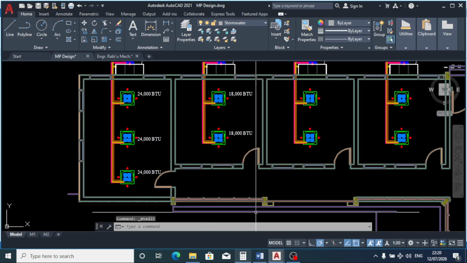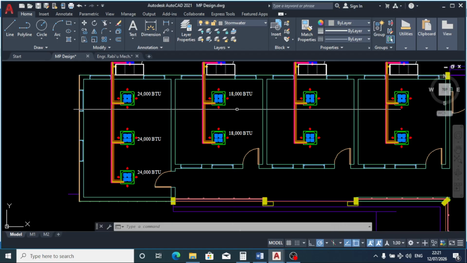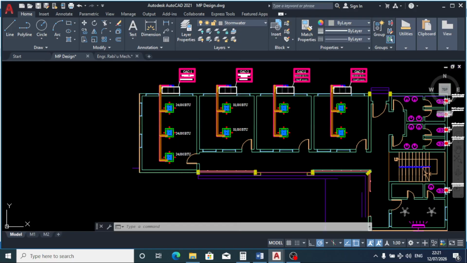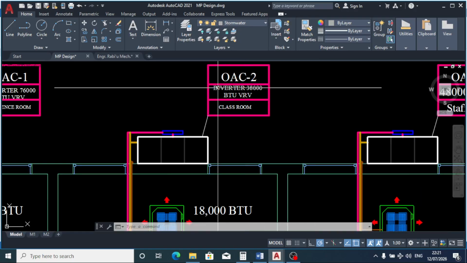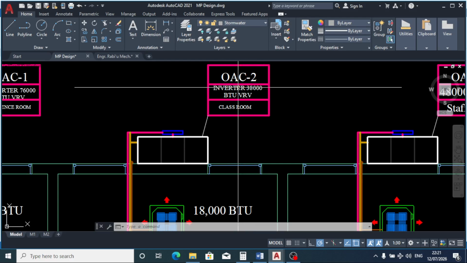So let's... we don't have 36,000. If not, we could have just used a 36,000 outdoor unit. So we have a deficit of 2,000. So we are also going to use an inverter to help us reduce the 2,000 wastage.